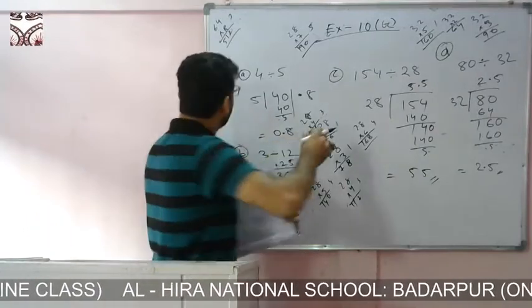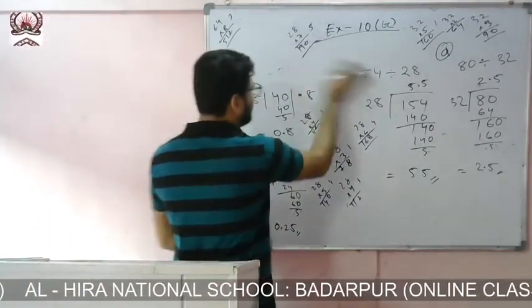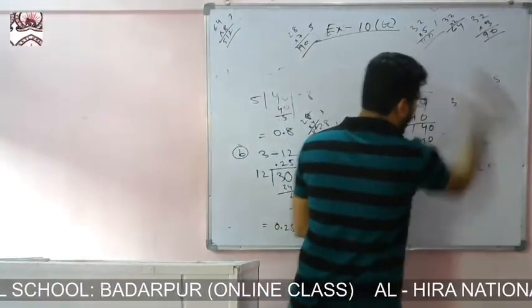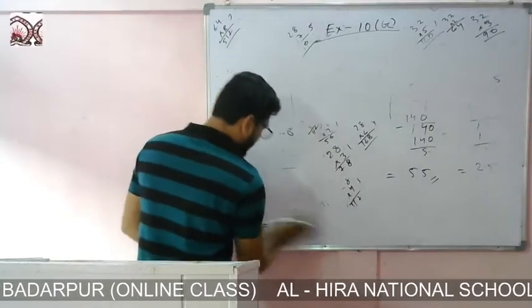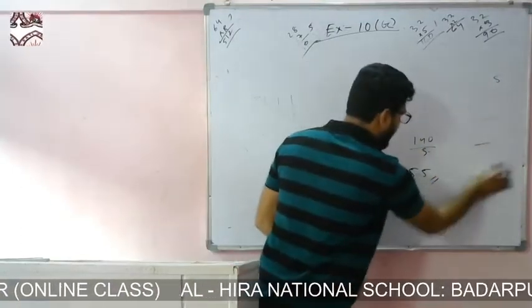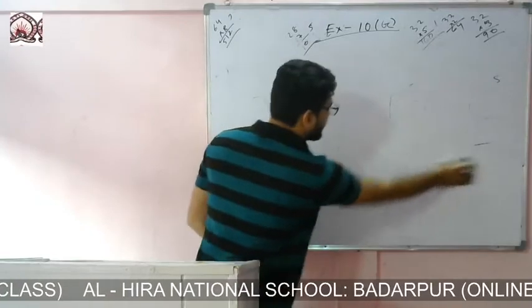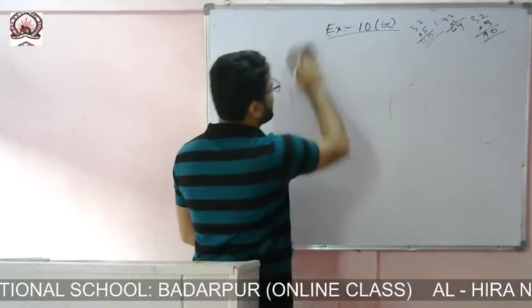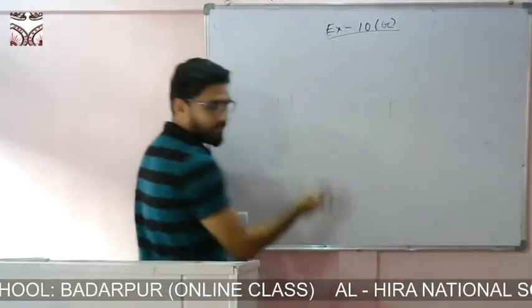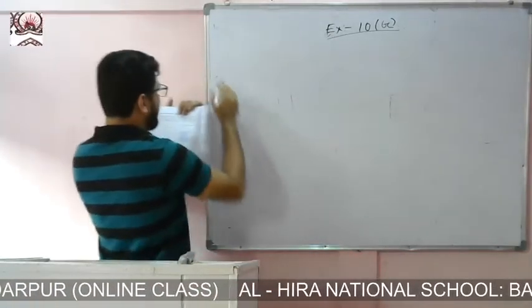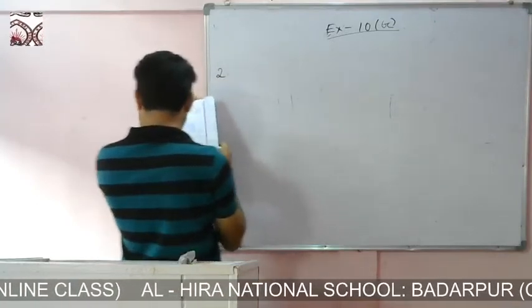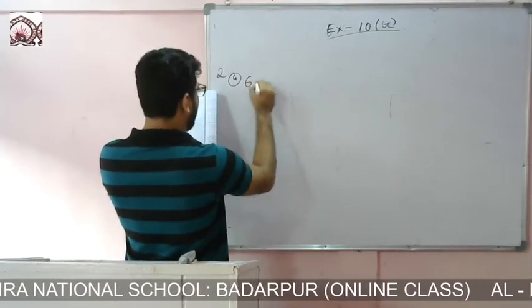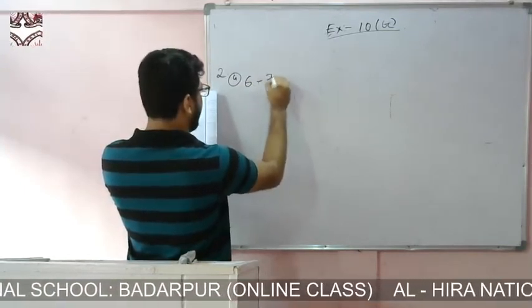Okay, now come to question number 2. Question number 2a, you see 6 divided by 75.